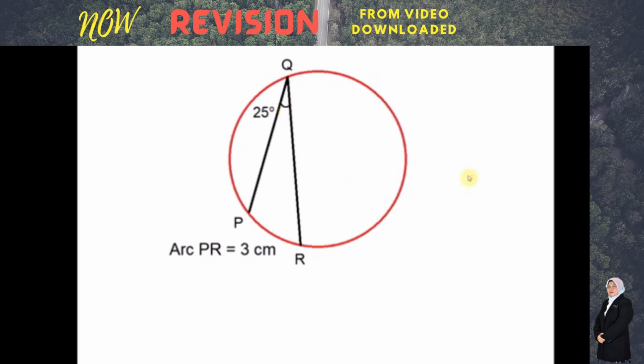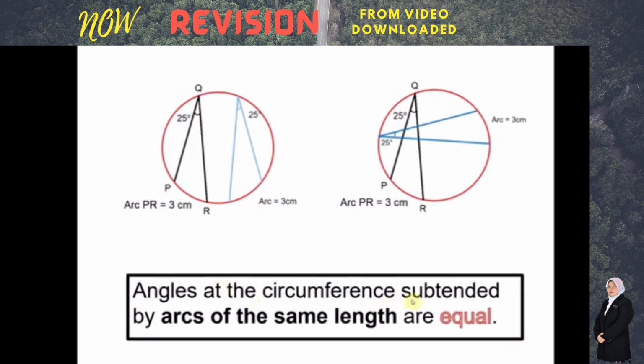If we try again, forming another angle with an arc of the same 3 centimeters, and measure the angle here, we find that this is also 25. From these two examples, we can conclude that angles at the circumference subtended by arcs of the same length are equal.